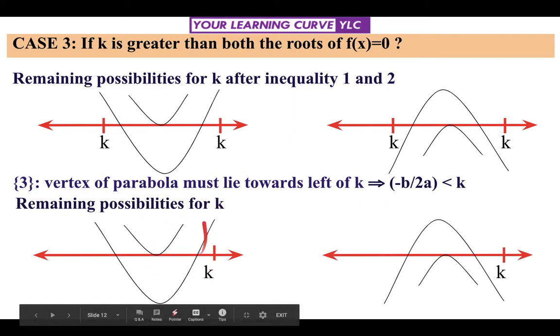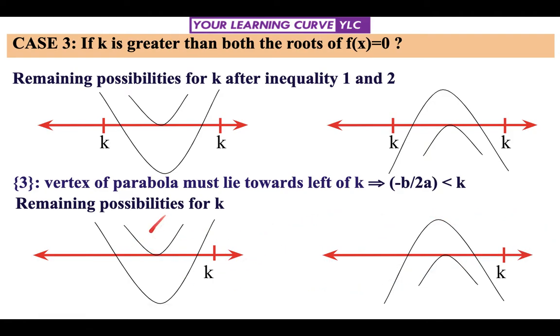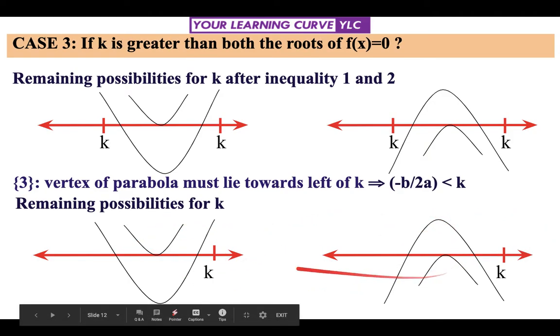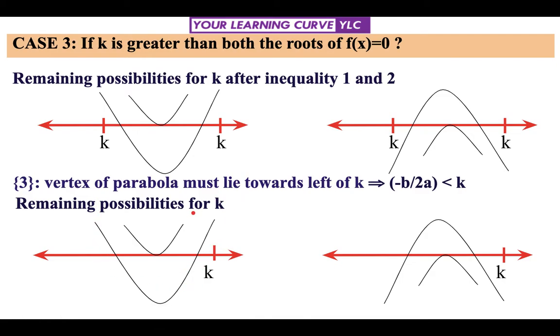So we see that now we are left with only this possibility. Either the parabola is upwards or downwards, k will always lie towards the right of the parabola, and the parabola will either touch or cut the x-axis. It means the roots will exist and they both will be less than k.